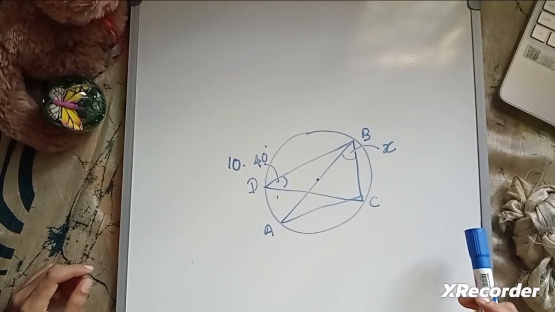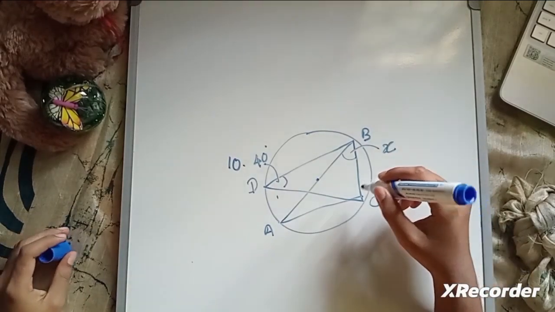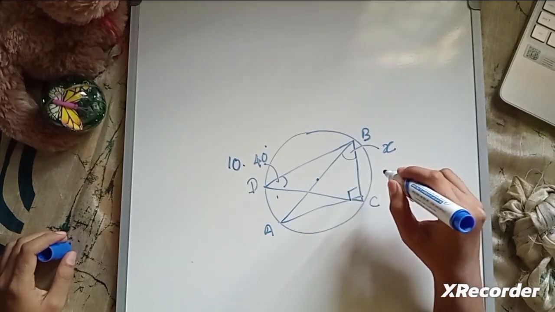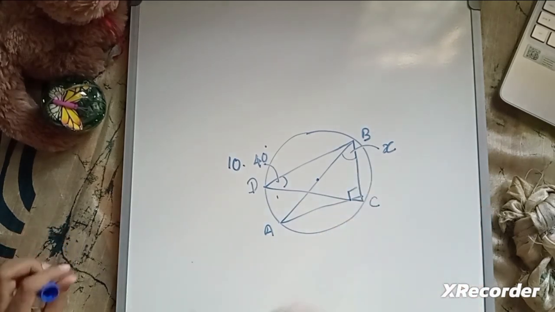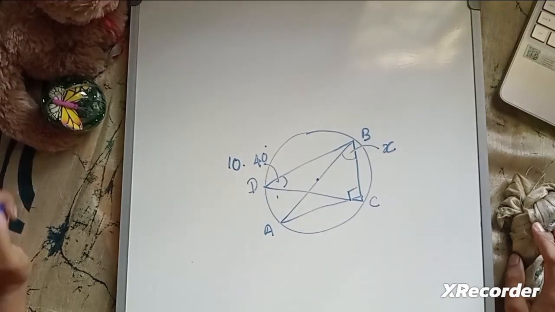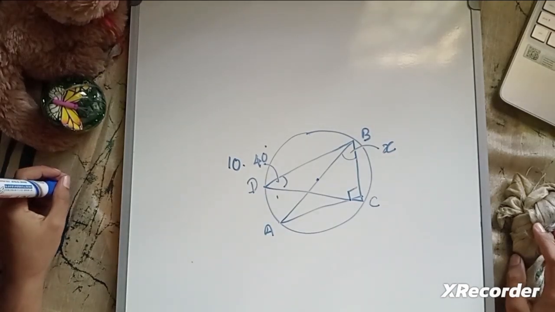So we can say this angle is definitely 90 since AB is a diameter. The angle made by a diameter on the circumference of a circle is always 90. So we have to remember these theorems.